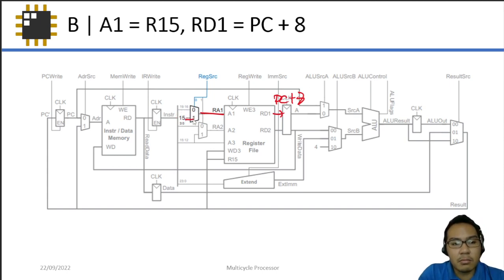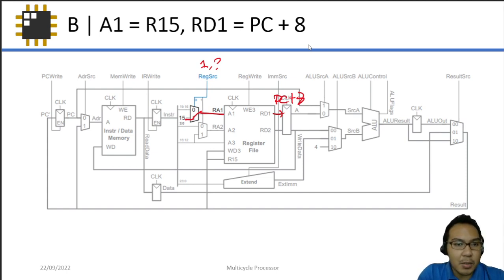That's what this multiplexer is for. So we choose one something just to get 15 on this spot. But that's basically all a branch will need to add to the data path.